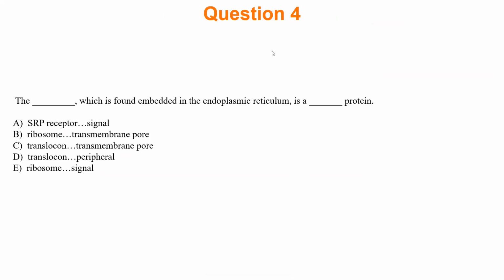All right, here's a good example of a test question you might see on Monday. The blank, which is embedded in the endoplasmic reticulum, is a blank protein. Based on what we talked about on Wednesday, see if you can figure out the answer. I'll give you a minute or two to wake up.